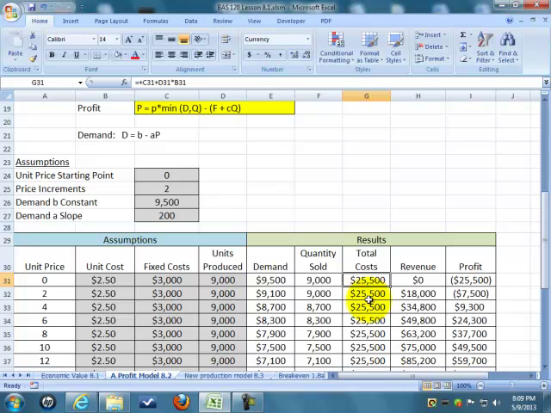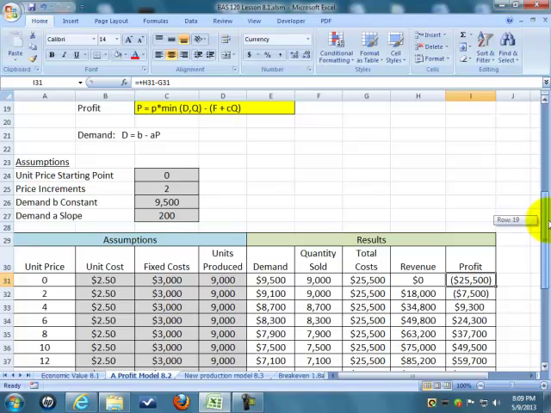Total cost, remember we walked through this. Total cost is going to be our fixed costs plus our quantity sold times our unit cost. Revenue at a unit price is our price times our quantity sold, and profit is just the revenue minus our cost.